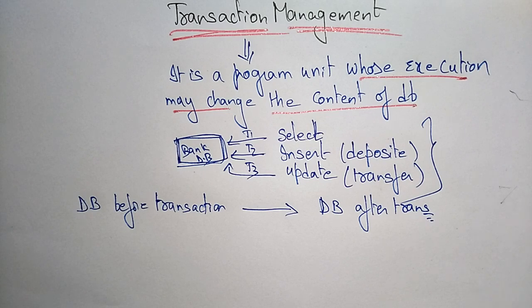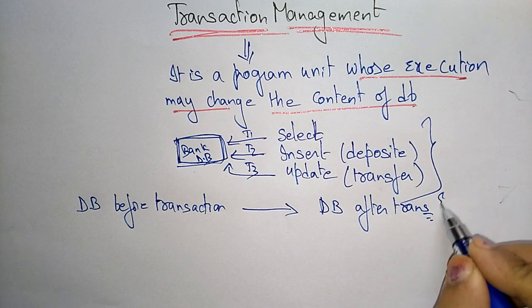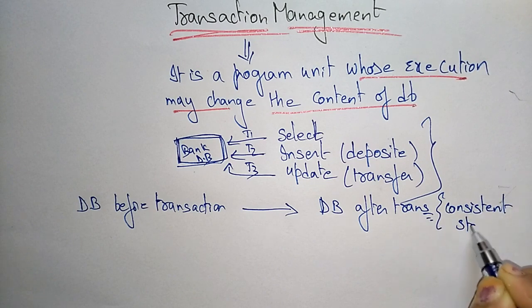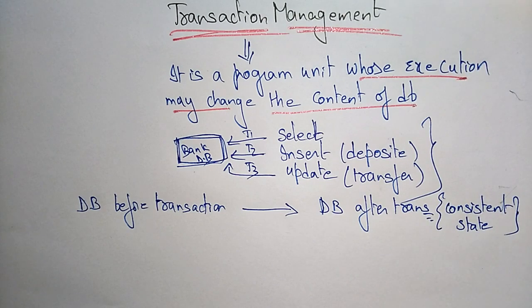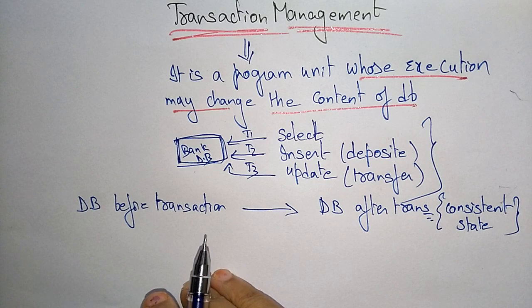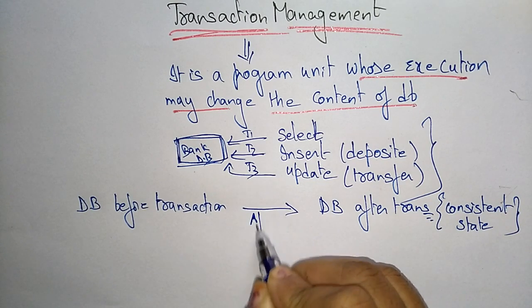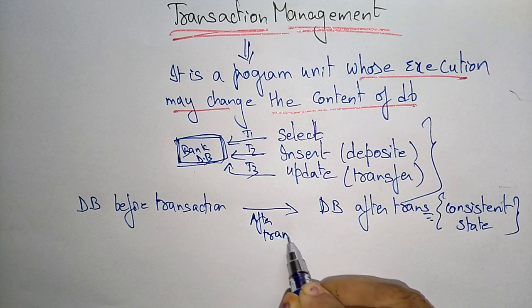Then only can you say that whatever transactions you made on the database are valid. The database before the transaction and after the transaction should be in a consistent state. The consistent state is nothing but a correct state. Consistent means the correct values, or the correct database.